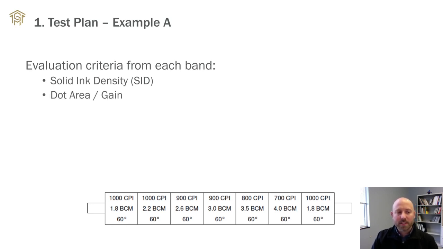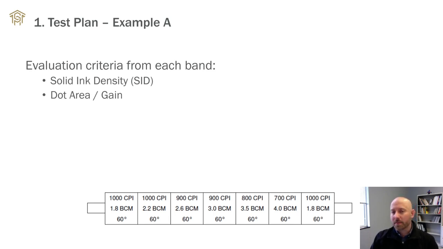We also want to take a look at dot area or dot gain. So we probably have a halftone patch on there, just to see what kind of gain we're getting. If we're getting a lot of gain, we can always adjust that in the next stage of achieving process color, which is called fingerprinting.